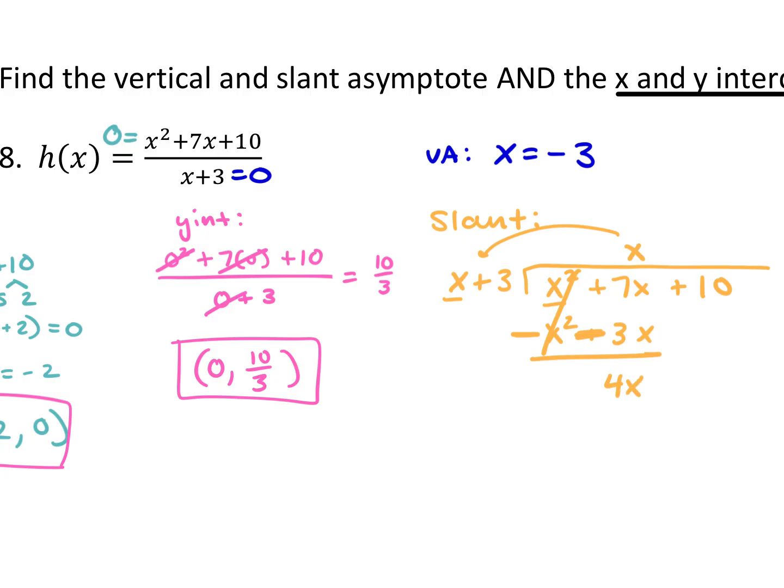Then we have to divide again. What's 4x divided by x? 4. We multiply by everything out front, so we get 4x plus 12. Change the signs and combine. So the 4x's cancel. 10 minus 12 is negative 2.